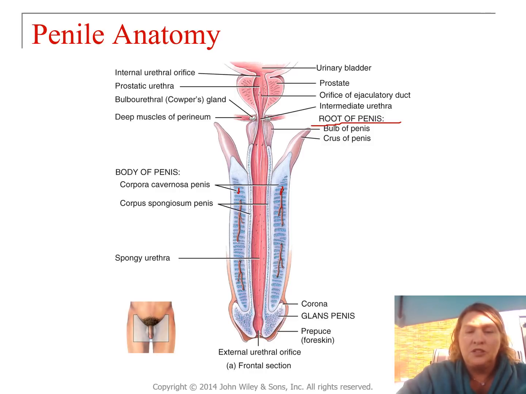The corpus spongiosum is behind them based on this view. And then it's showing you the urethra, the spongy urethra. The area here is called the corona, and then the glans penis, and this particular picture does show the foreskin that's covering the glans.